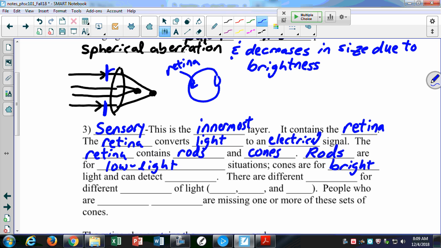But in low light conditions, the rods are more active, and rods aren't very sensitive to color light. So you don't see colors very well, not because the colors aren't there, but because your eyes are using these rods instead of the cones. And there are actually no colors in rods.